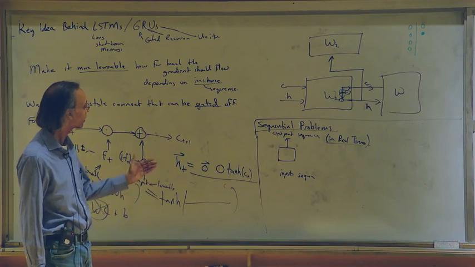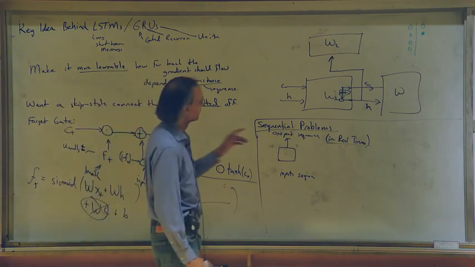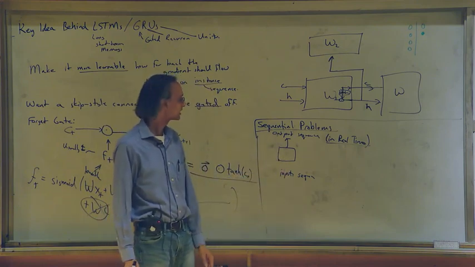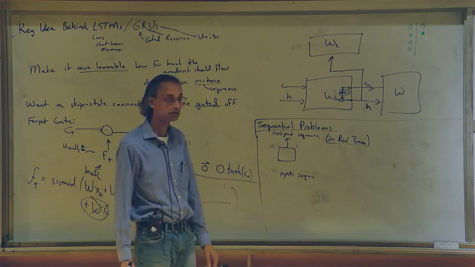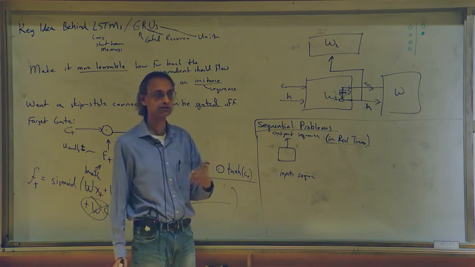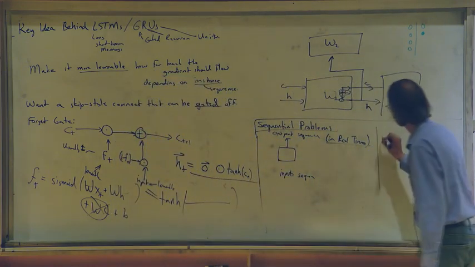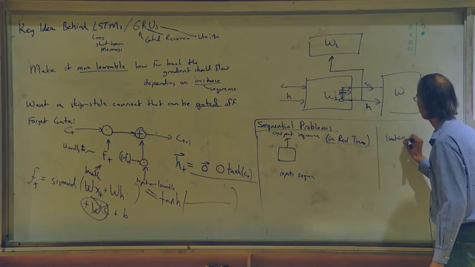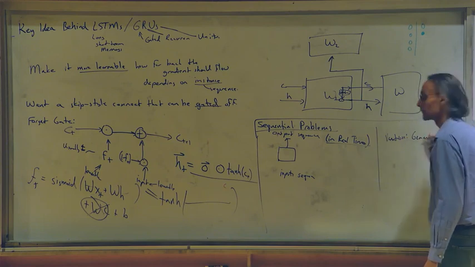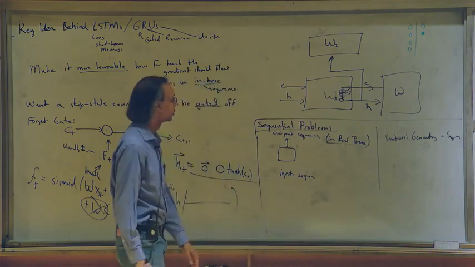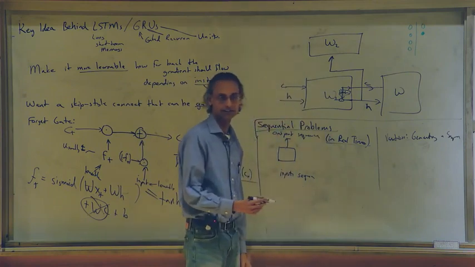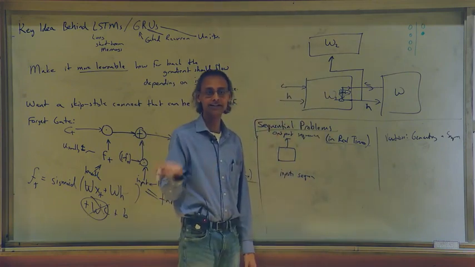Now, there's a particular variant of this problem that is interesting, which is problems of generation, when you want to generate a sequence. Your output is a sequence that you have to generate. So when you're generating a sequence, what you need to do is to have the input include the outputs you've already done.